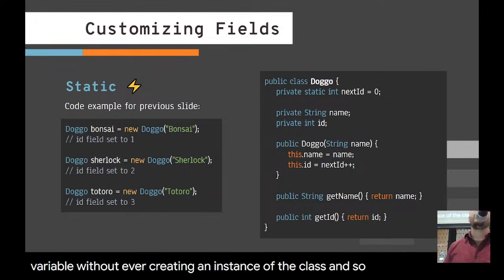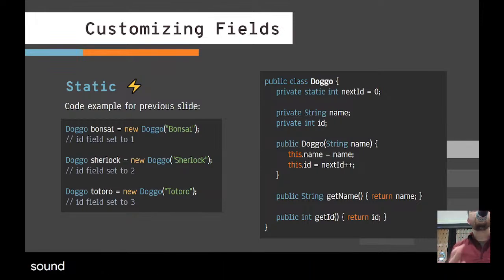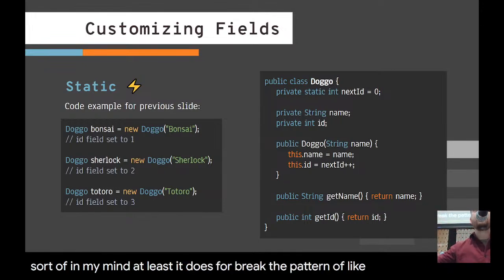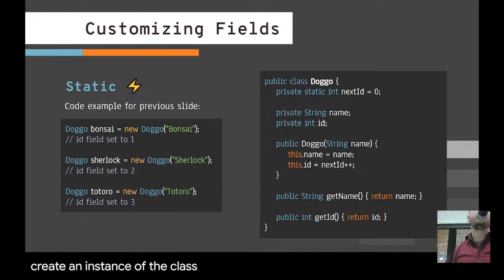And so in that way, in my mind at least, it does sort of break the pattern of all of the data happening once you create an instance of the class, which is true for most of the fields that aren't static.